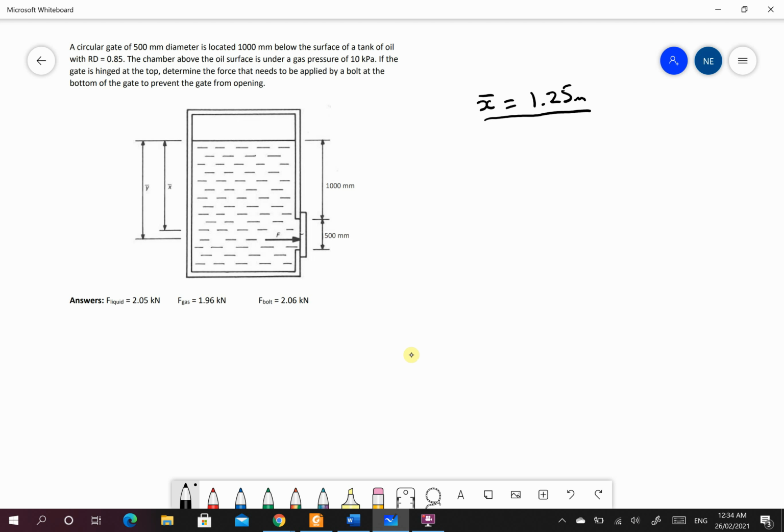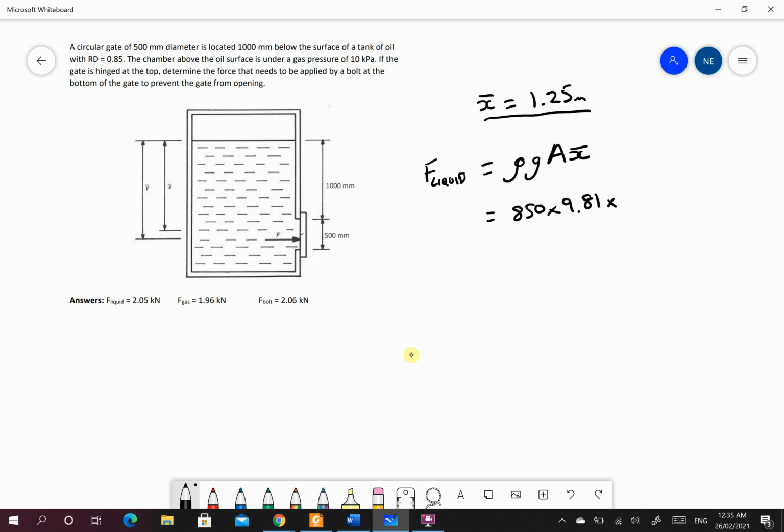Alright, the force due to the liquid component, F liquid, is equal to just our formula, rho g A x bar, which equals 850 times 9.81 times the area of our gate.